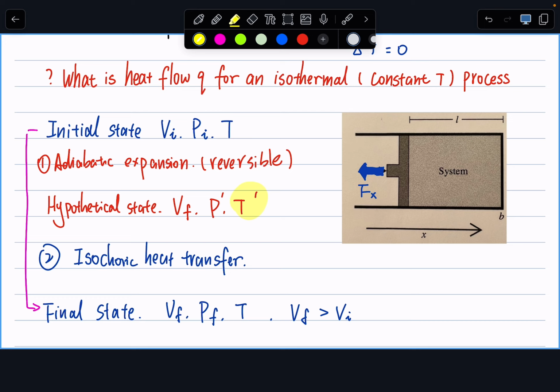My system is doing work on the surroundings, so my work must be a negative number. And as a result, the heat transfer in the second step must be a positive number. So if we are only looking for a qualitative expression, like whether it's positive or negative, yes, we don't have to specify it to be reversible. But in this case, since we want an actual expression for ideal gases, that's why I specified reversible.